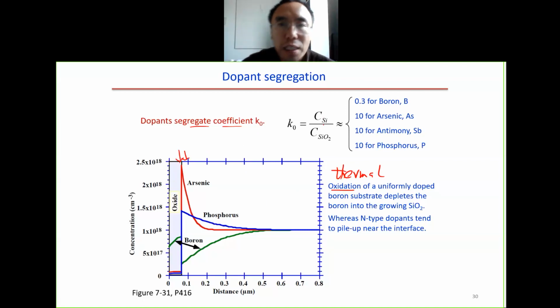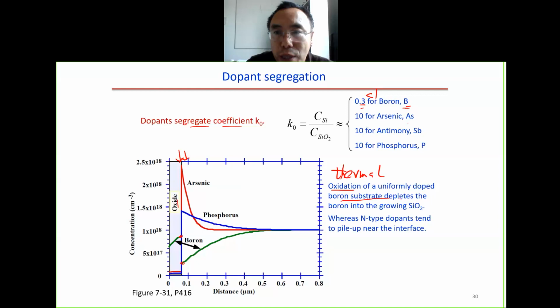It is defined as the dopant concentration in silicon over the dopant concentration in the oxide. For the chemical boron, this number is smaller than 1. You can see here, the boron substrate depletes the boron into the growing silicon oxide. So the boron prefers to stay in the oxide. The number here is about 0.3.